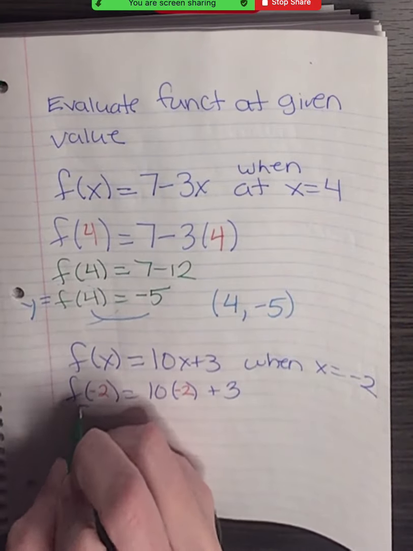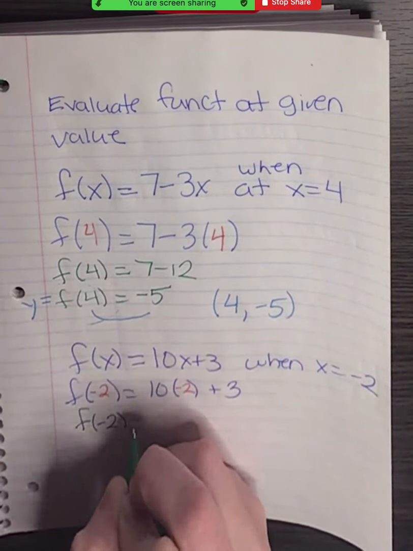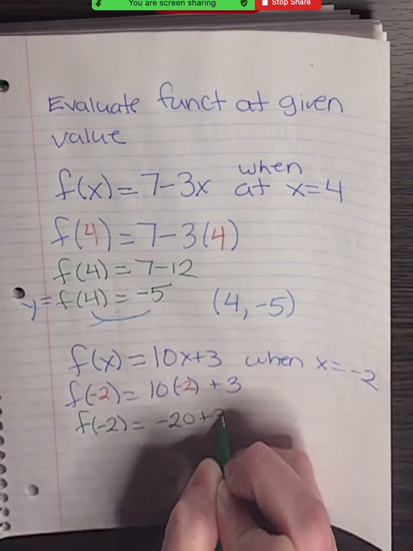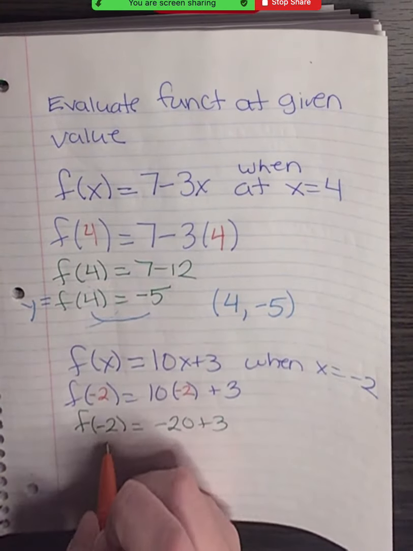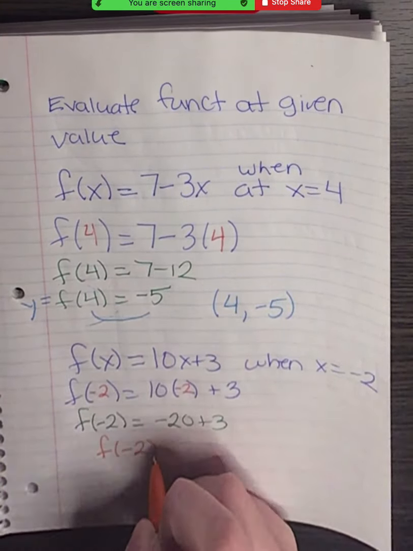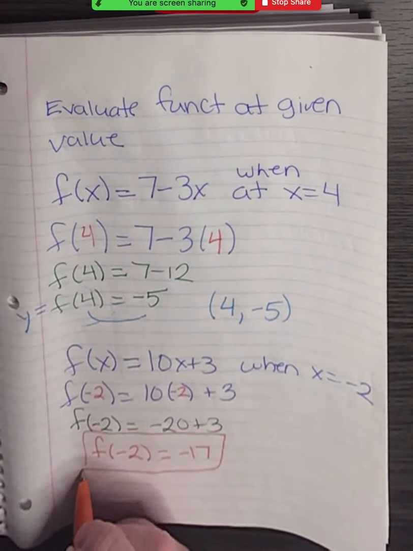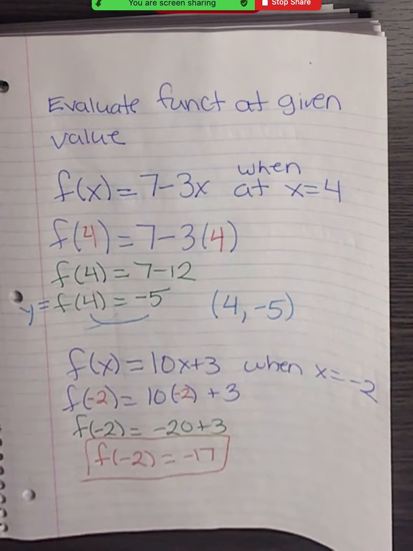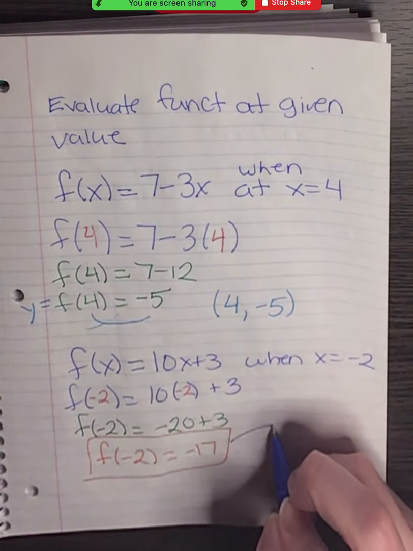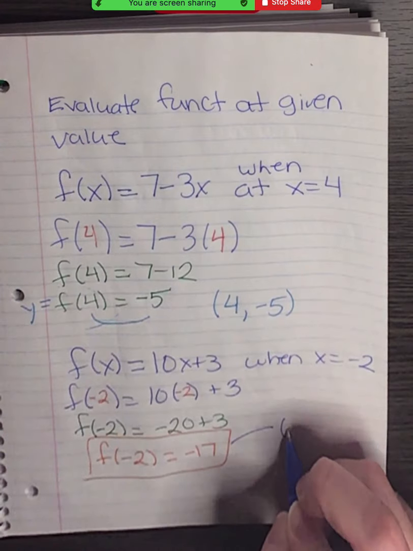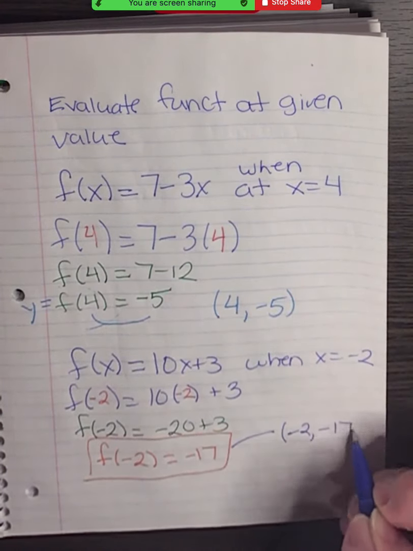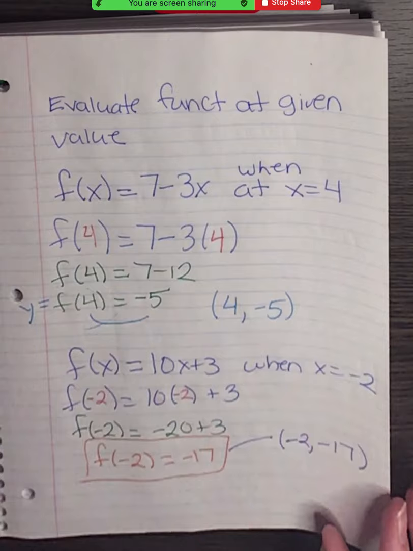So the function at -2 equals -20 plus 3. Function at -2 equals -17. This is your answer. Do not divide by -2. F is not a variable in this case. It's saying it's a function. Again, you could determine an ordered pair to say that on this graph, -2, -17 is a point on it.